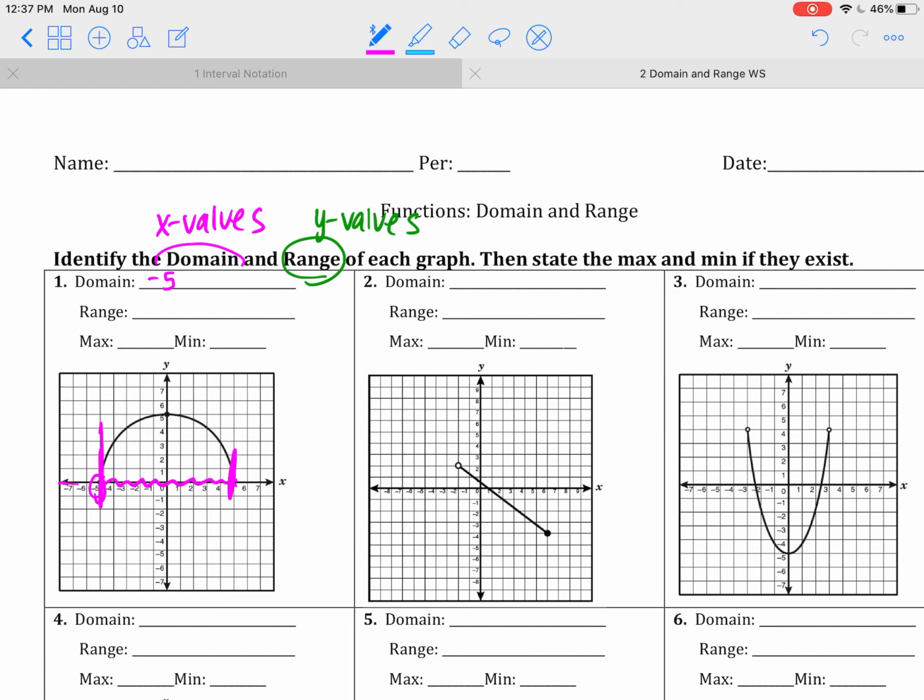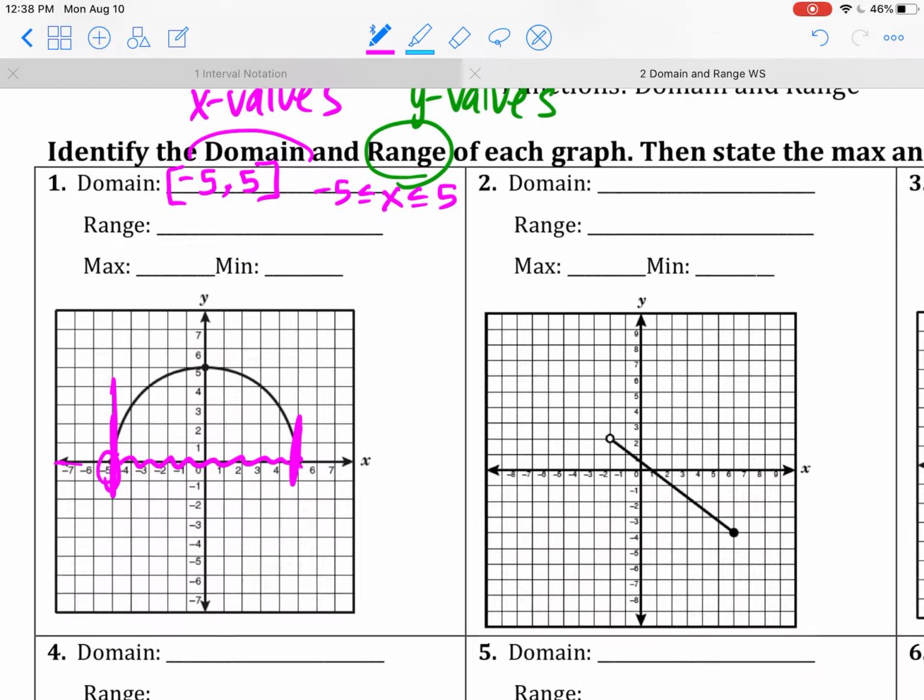So -5 is the low point, comma, +5 is the higher point, and we use brackets for both. In inequality notation, we would do -5 to 5, and we would put lines underneath each one.